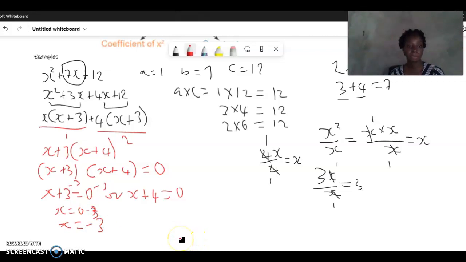On this side, if I subtract 4 from both sides, 4 minus 4 is 0. So I can simply say that x is equal to 0 minus 4, or that x is equal to negative 4. So there you have it.